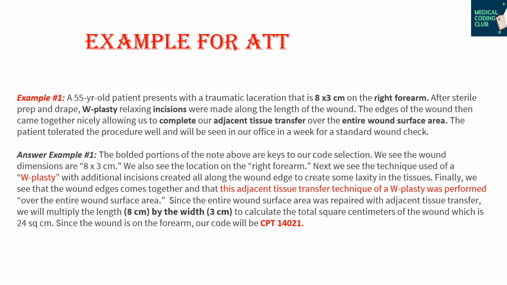Next, I have given an example here. A 55-year-old patient presents with a traumatic laceration that is 8 by 3 centimeters, meaning 8 centimeter length and 3 centimeter width, on the right forearm. After sterile prep and drape, W-plasty relaxing incisions were made. So here the technique is W-plasty. The edges of the wound came together nicely, allowing us to complete our adjacent tissue transfer over the entire wound surface area. You can read the question and the rationale given below.